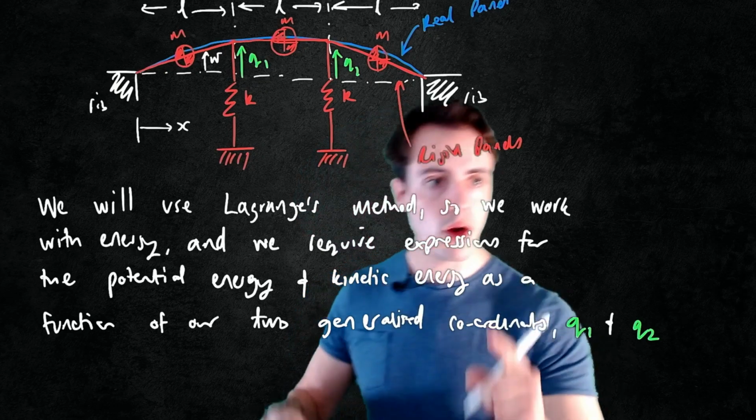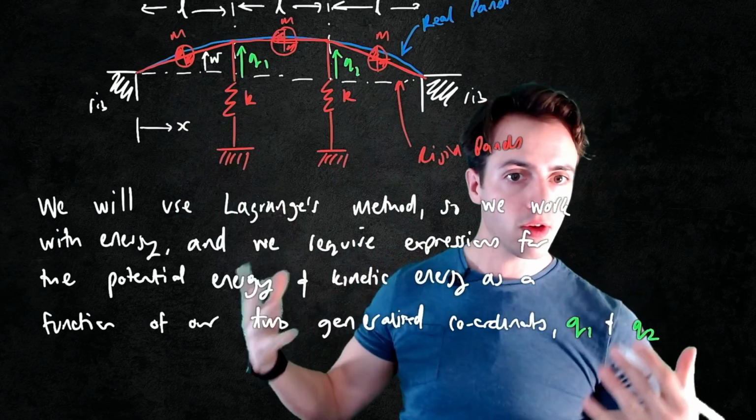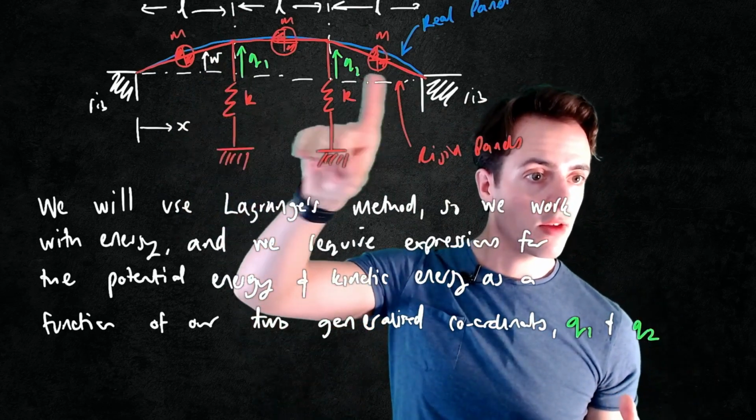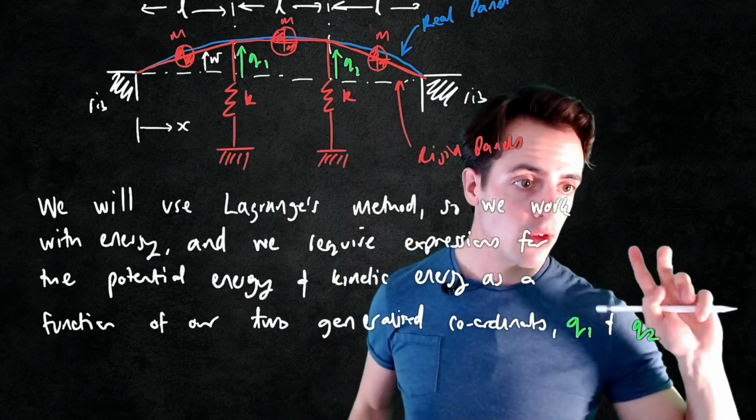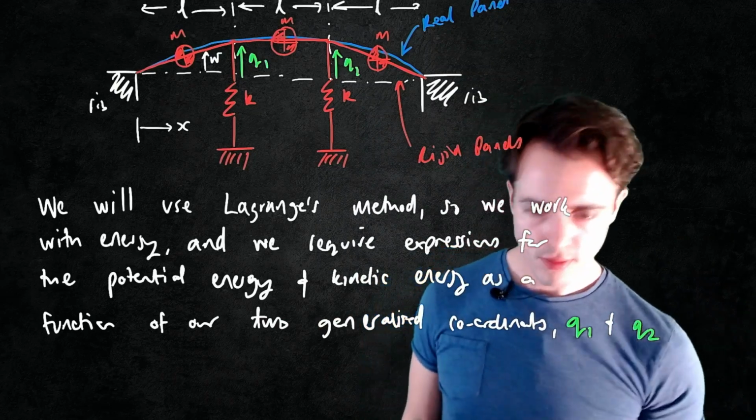So Q1 and Q2 are simply the displacement of these two nodes, the junctions between these boundaries, and that means we're going to have two equations developed for this system.